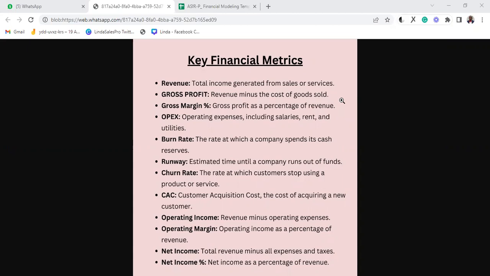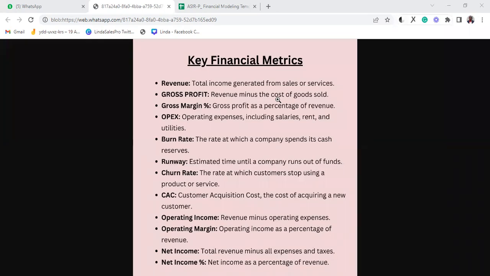So these financial metrics are important keywords that we need to know. And we're also going to discover them while we start building the financial model, right? Okay, so we have what we call revenue. So revenue is the total income you generate through your sales of your product and services.